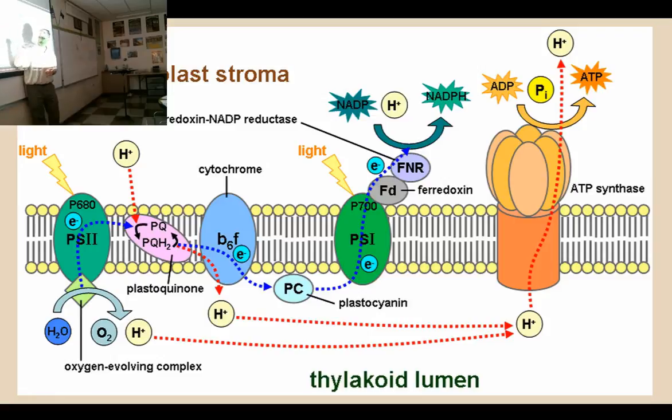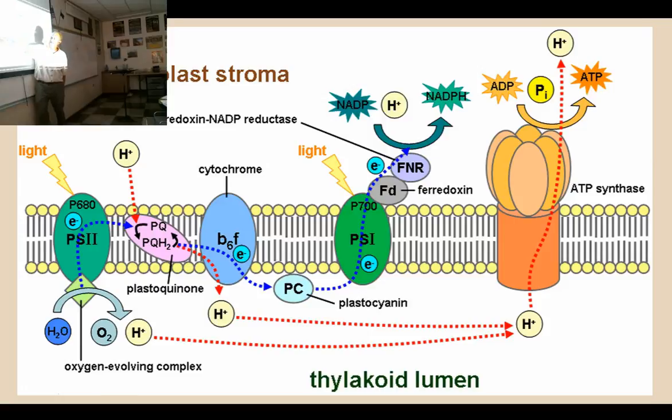Oxygen goes away. Okay? And here we have a reservoir of hydrogen being built up on this side of the membrane. Hydrogen is piling up over here. Okay? And then some of the energy that's released, some of the hydrogen energy that's released, goes through a bunch of enzymes that you don't need to know the name of, PQ or PHQ and B6F.